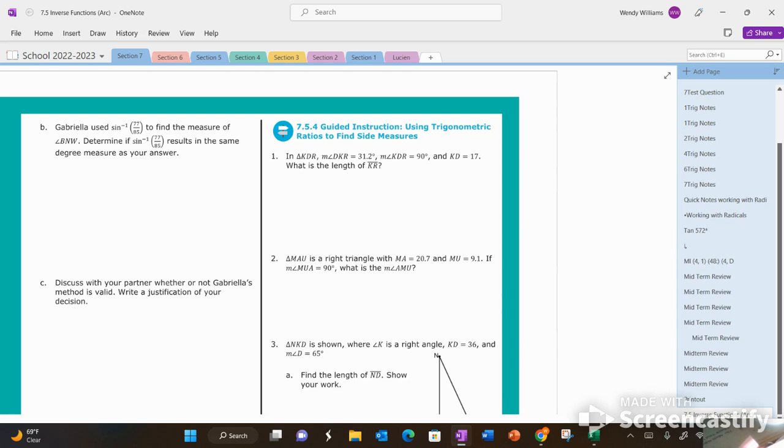We got 64 degrees. Let's try it again. Make sure we got the right answer. 77 divided by 85 equals second sine, 64.9 or 65 degrees. So the answer is no, it's not the same angle.